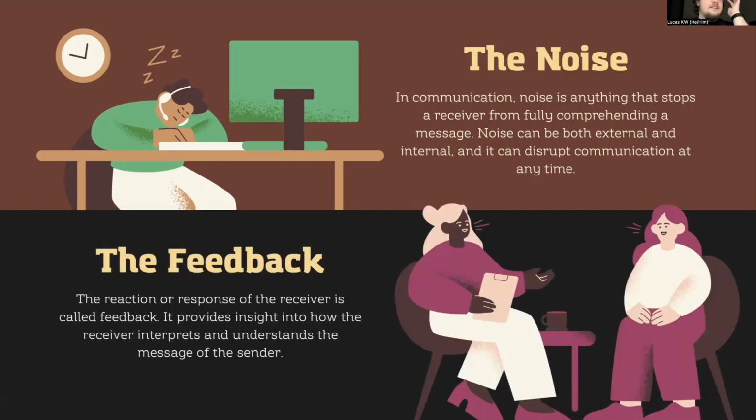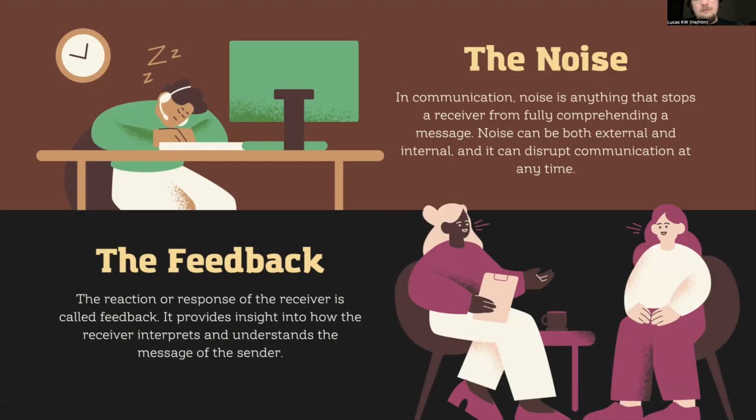For the feedback, this is the reaction or response of the receiver. It provides insight into how the receiver interprets and understands the message of the sender. So this feedback process is very much used in therapy, in talk therapy, where the therapist is talking to you, asking you questions, and you might verbally state something. Your body language says something else.